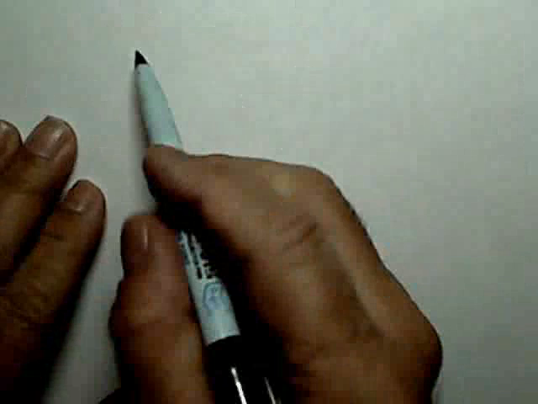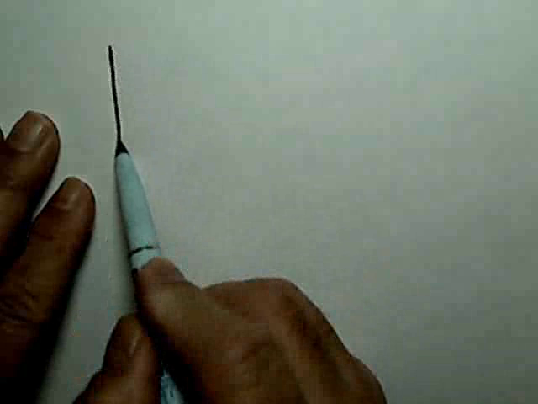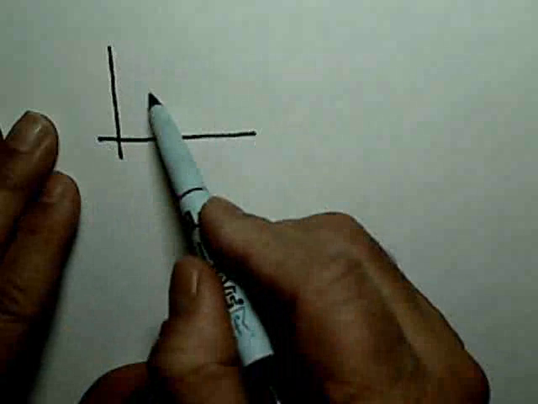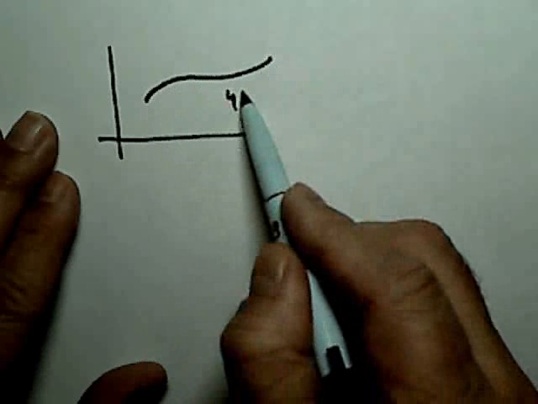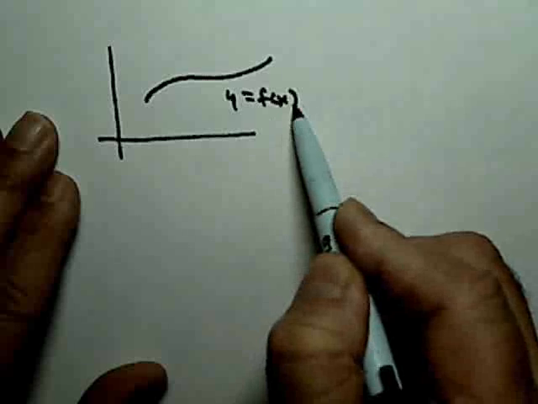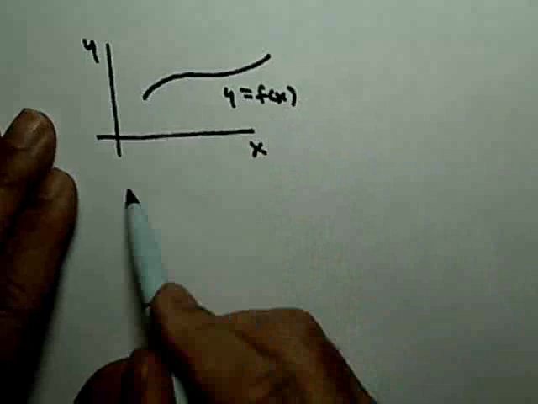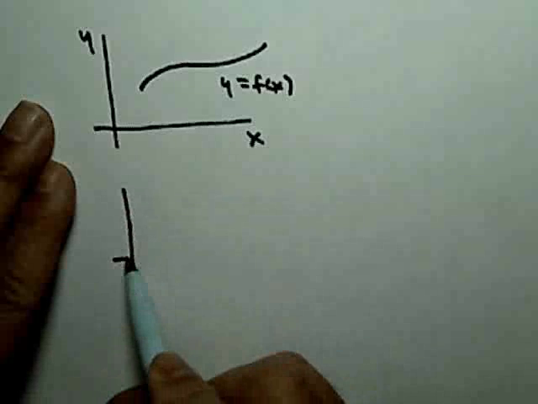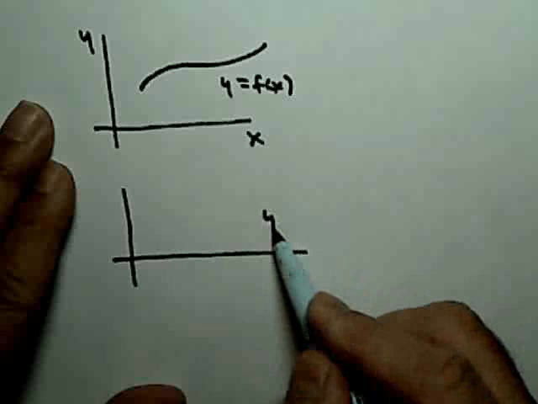So now let's summarize what we've got. We have, in general, a function that will have a graph of some sort, and we call this y equals f of x. This is the x-axis, this is the y-axis. And then from that, we can calculate a derivative function called y equals f prime of x.